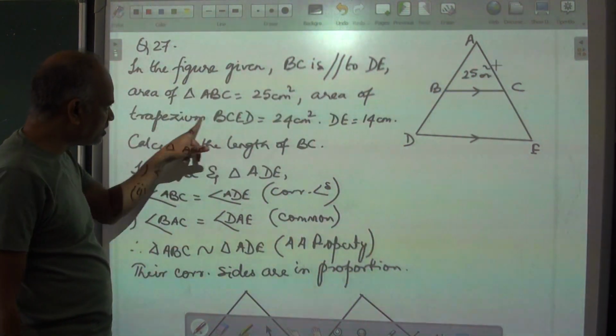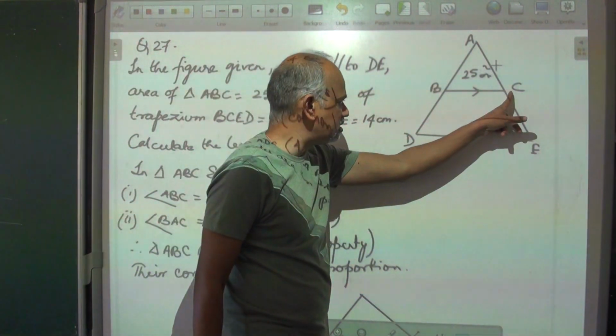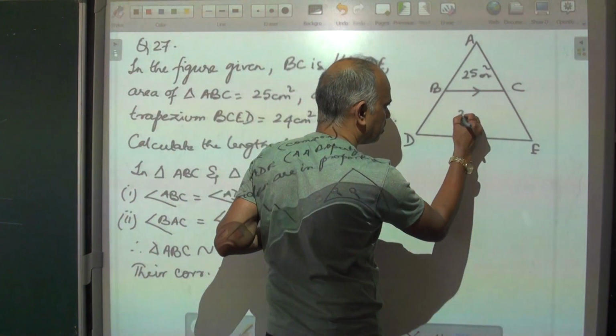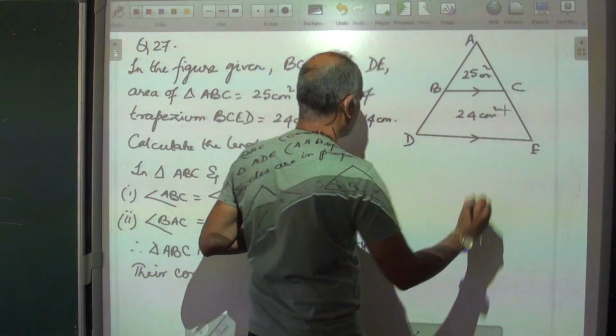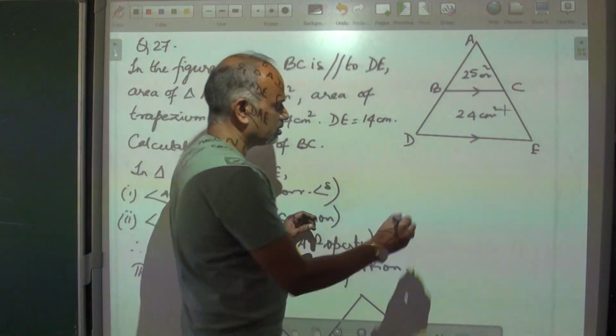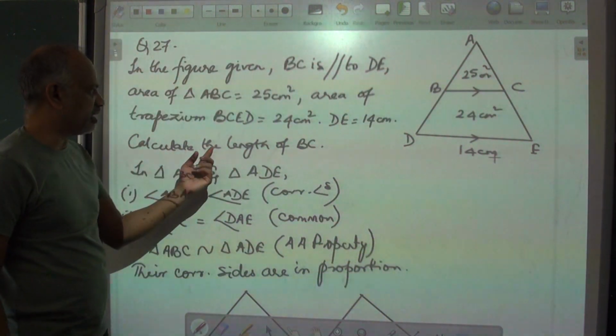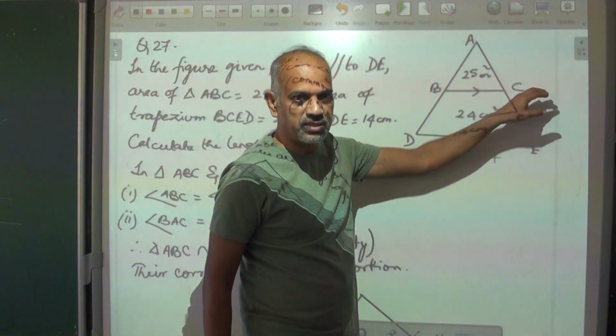And area of trapezium BCED, only this much, is 24 centimeters square. DE is 14 centimeters. Calculate the length of BC, you have to find how much is BC.